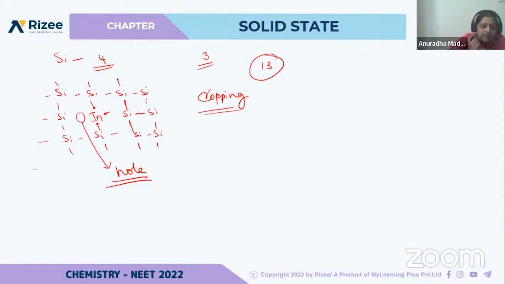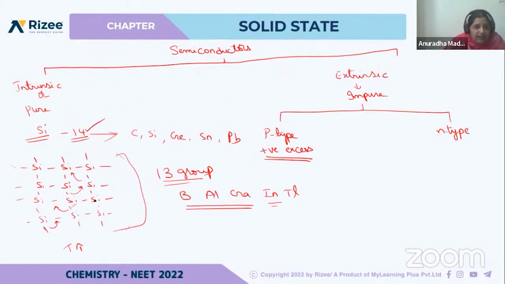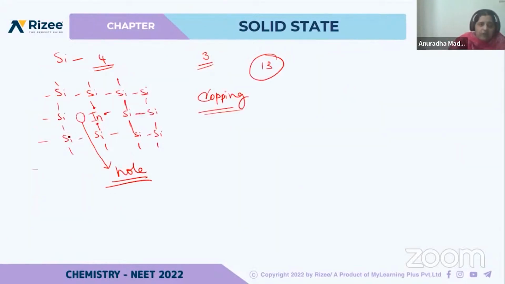In the earlier case, if we increase the temperature, then only the movement of electrons happens, and then only conductivity is going to change. But here, we don't need to supply any excess temperature.